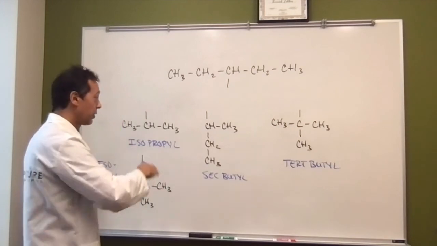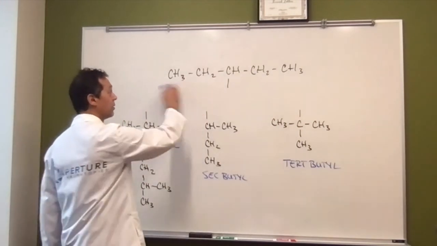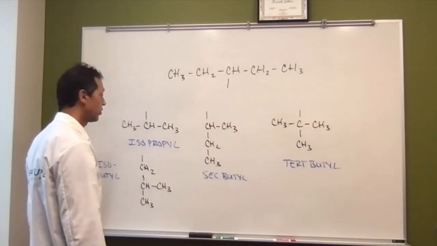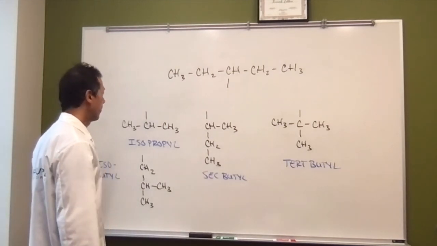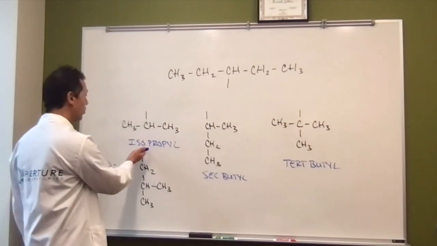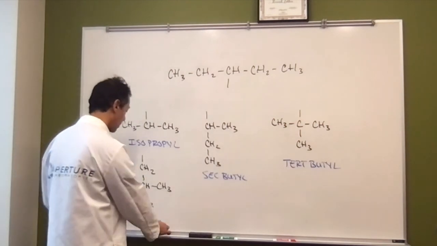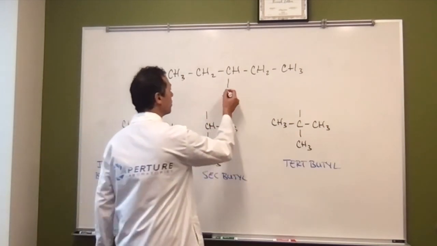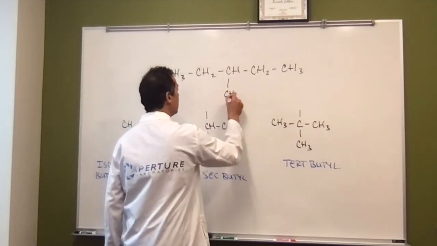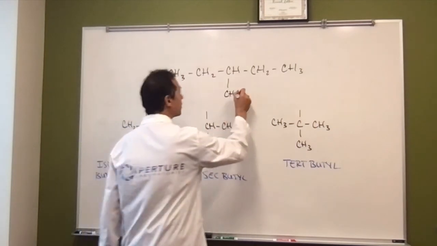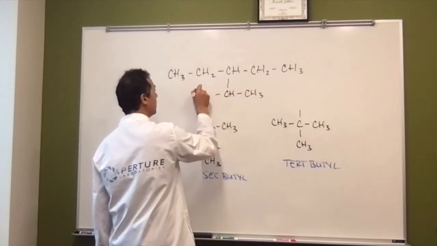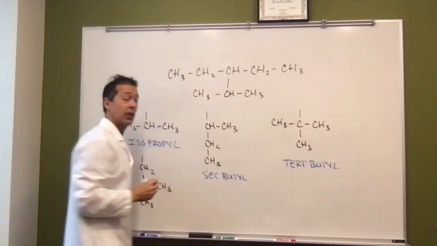And so if we were to take any one of these and attach them onto our long carbon chain, how would we name that? Let's just take one of these, for example, isopropyl. We're going to take our isopropyl and attach it onto here. So we'll go CH and then the rest of the molecule, CH3 and CH3, like this.